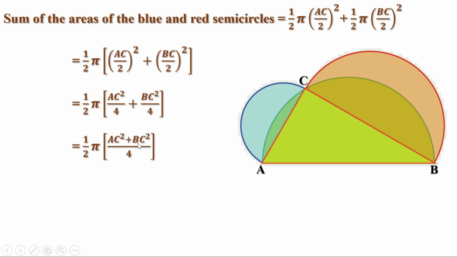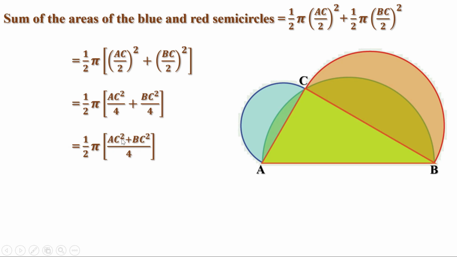Now, what is AC square plus BC square? Let us look at the figure. These are the perpendicular sides of the right angle triangle, or base and height. And we know base square plus height square equals hypotenuse square. Therefore, AC square plus BC square is equal to AB square.